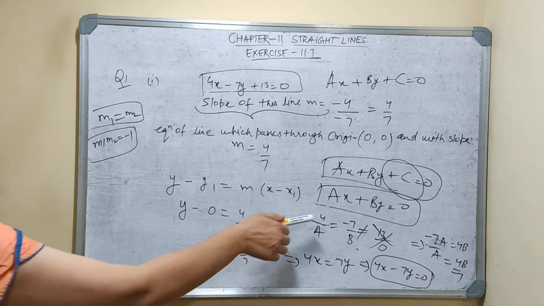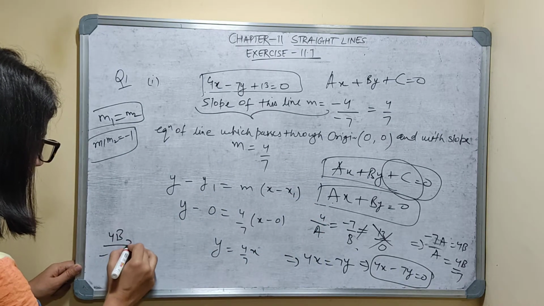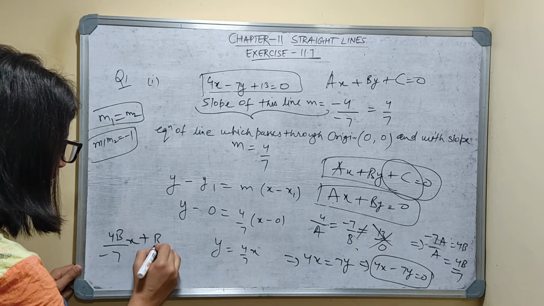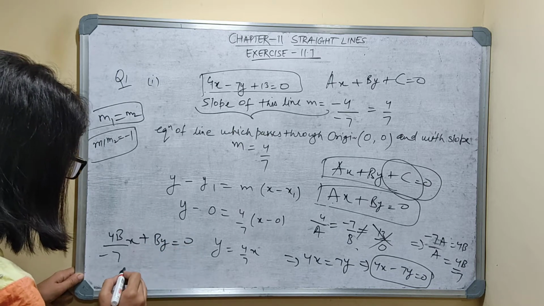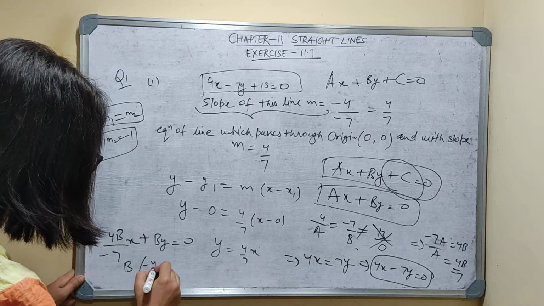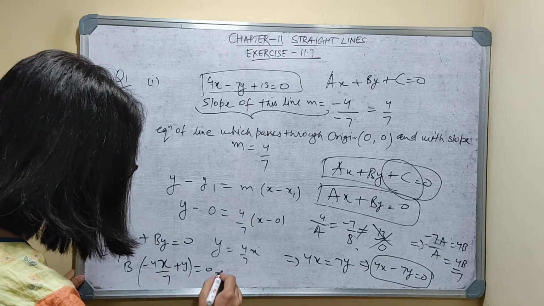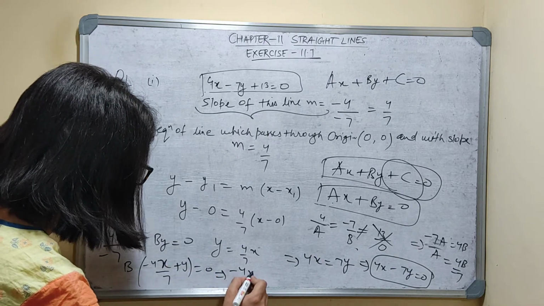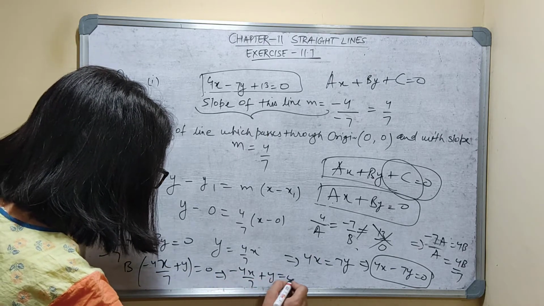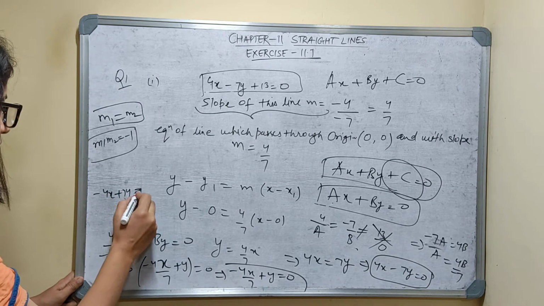So you can substitute here: 4b upon minus 7 x plus by is equal to 0. B is common, so minus 4x by 7 plus y is equal to 0, or minus 4x plus 7y is equal to 0.